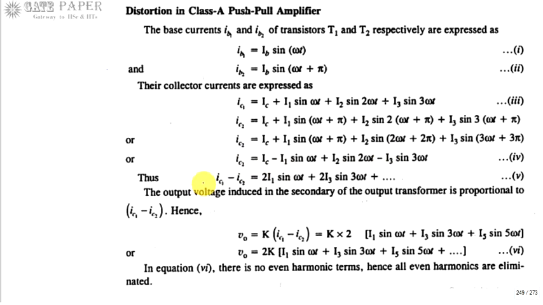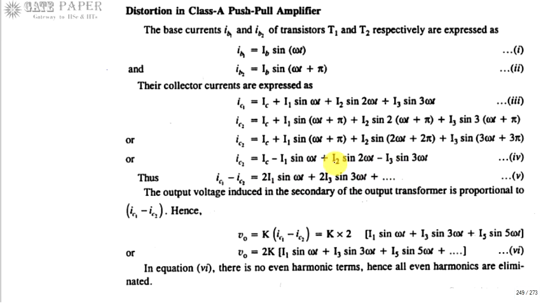Then the total collector current is IC1 minus IC2. The harmonics with the same positive sign get subtracted from IC1, so no even harmonics will be present. Only odd harmonics remain: 2I1 sin omega t plus 2I3 sin 3 omega t, then 2I5 sin 5 omega t, like this.